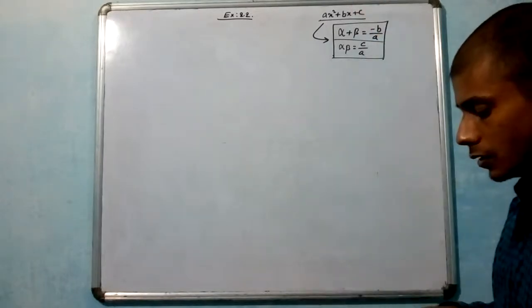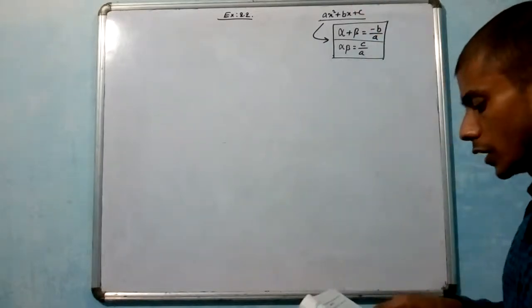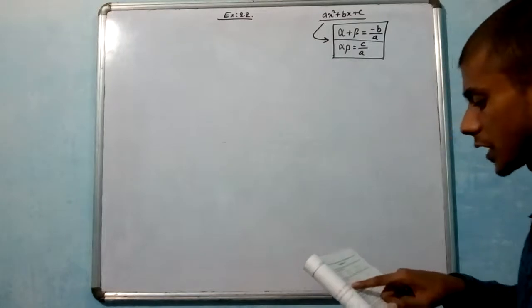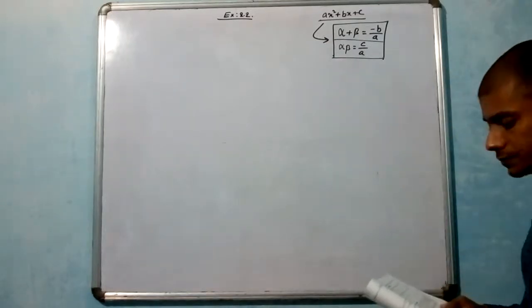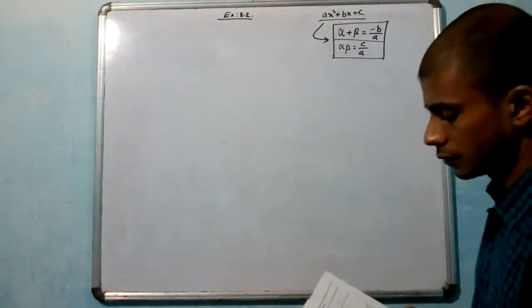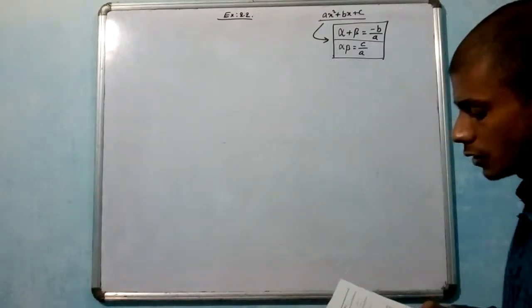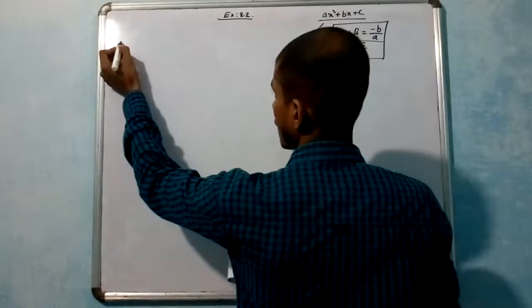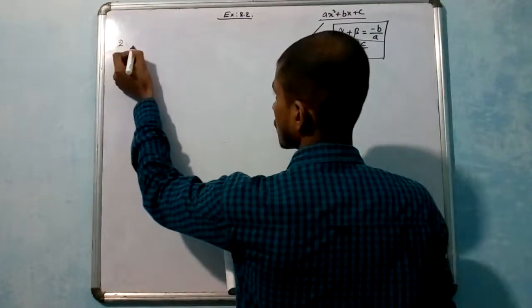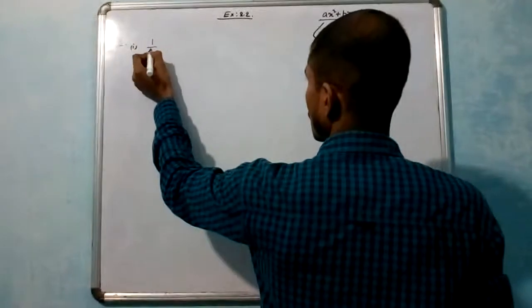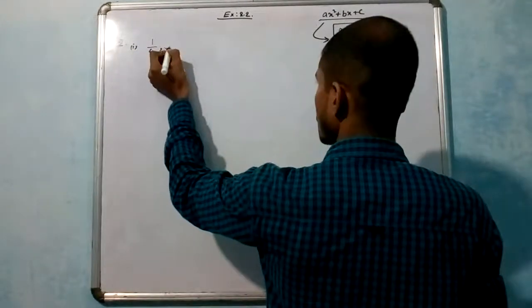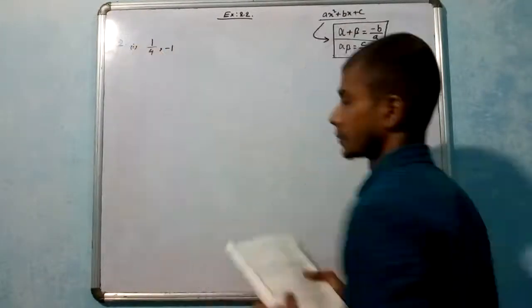Means in each of the questions two values are given, no? In the first question of the second one, 1 by 4 comma minus 1. Can you see that? First Roman number, it's given that. Second question, first one, what is given? 1 by 4 comma minus 1.